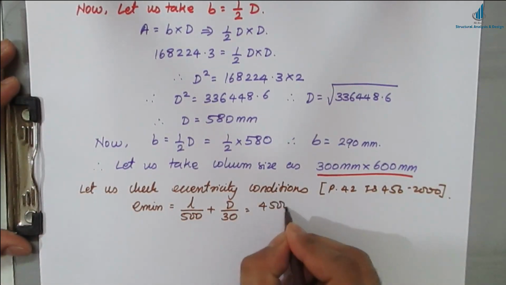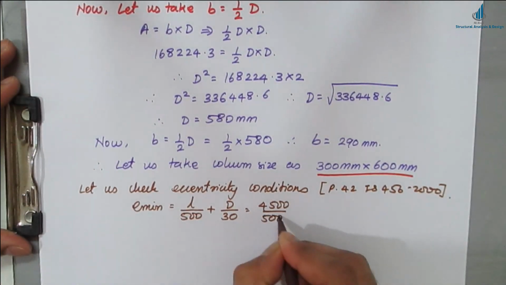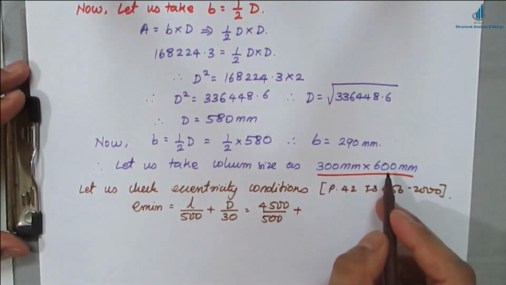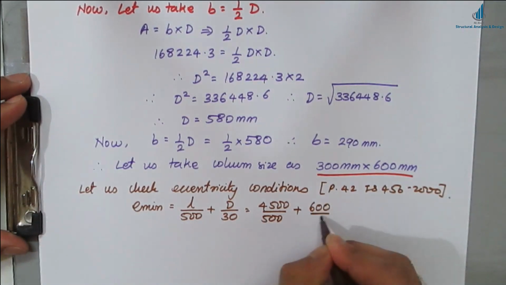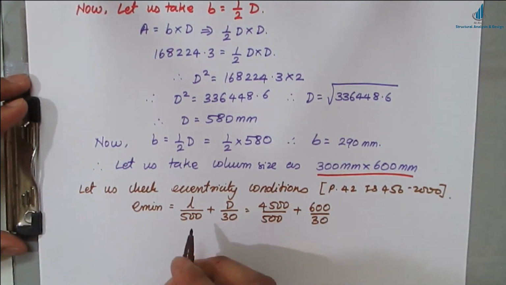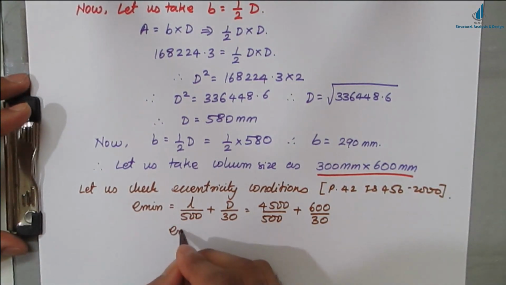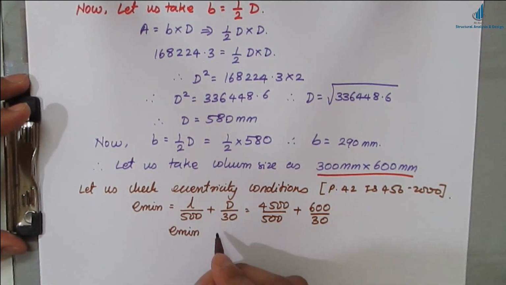So 4500 mm divided by 500 plus D we had fixed up as 600, so 600 divided by 30. So E minimum is equal to 29 mm.